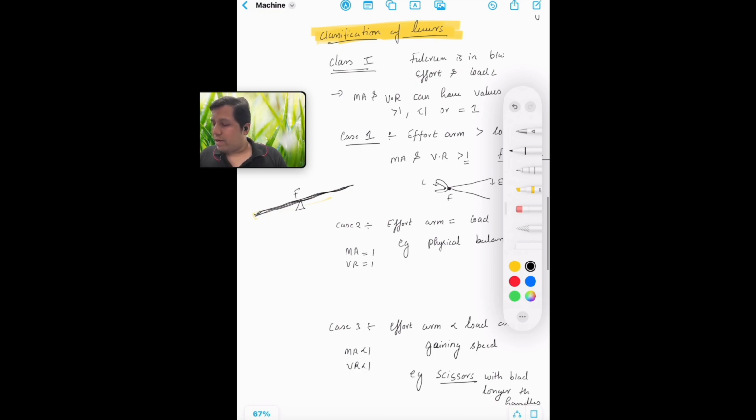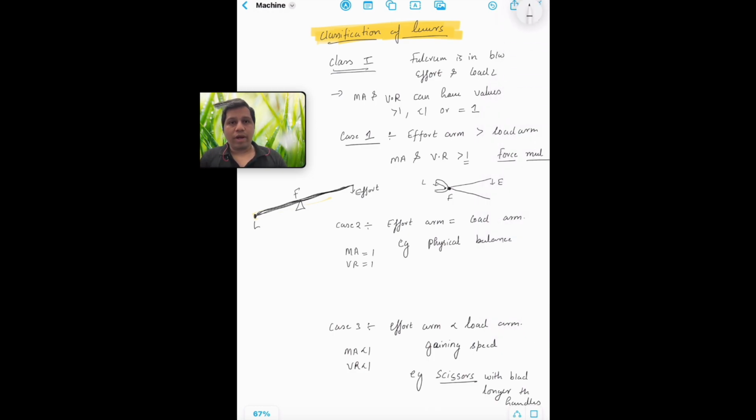This is your load, this is your effort. And I say that the fulcrum is placed between your load and effort, so we call it class 1 levers. So what happens in class 1 levers?